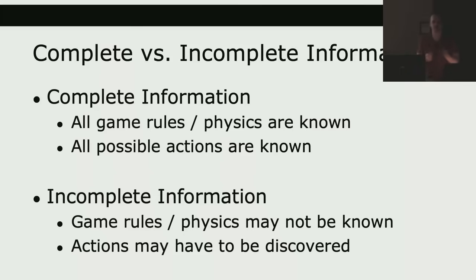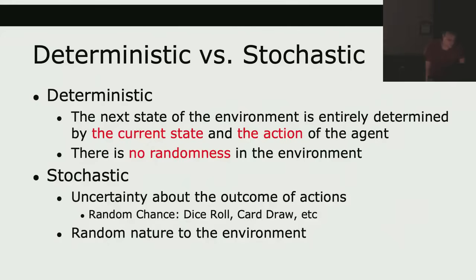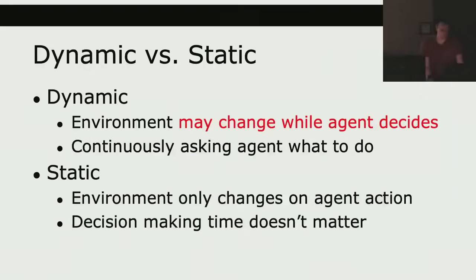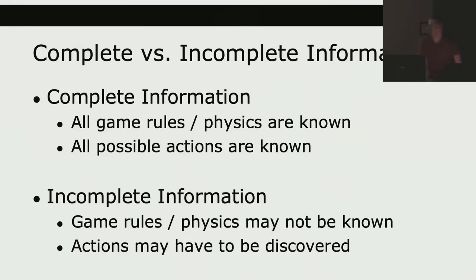You're just trying to make actions. There are two different things here. There's observability. That's different from complete versus incomplete information. So just keep that distinction in mind. In this course, we're not going to be talking about incomplete information things. That's like real-world problems where we don't know exactly how the physics works, etc.